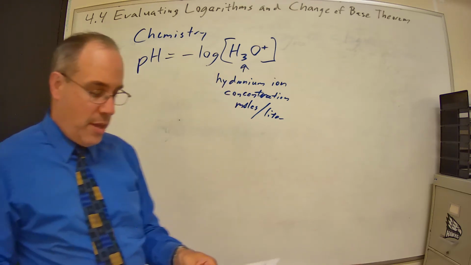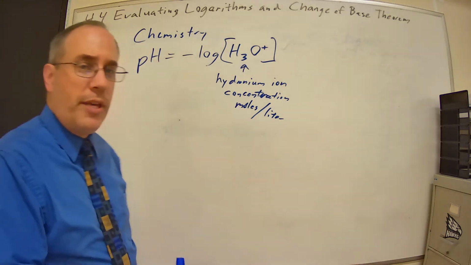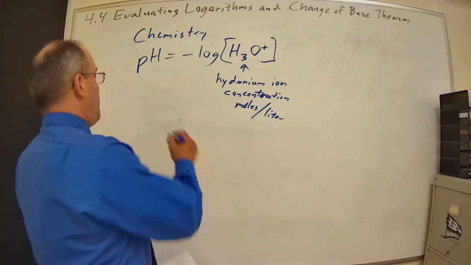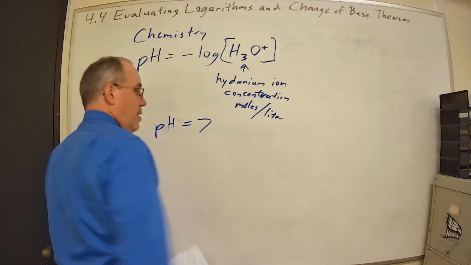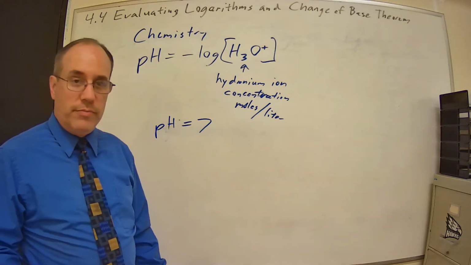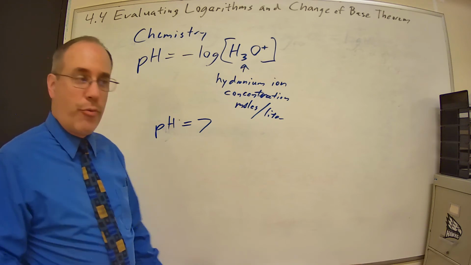Now, just a little bit of background chemistry and pHs. A pH of 7 is considered to be neutral. You drink a glass of water, the pH is going to be right around 7.